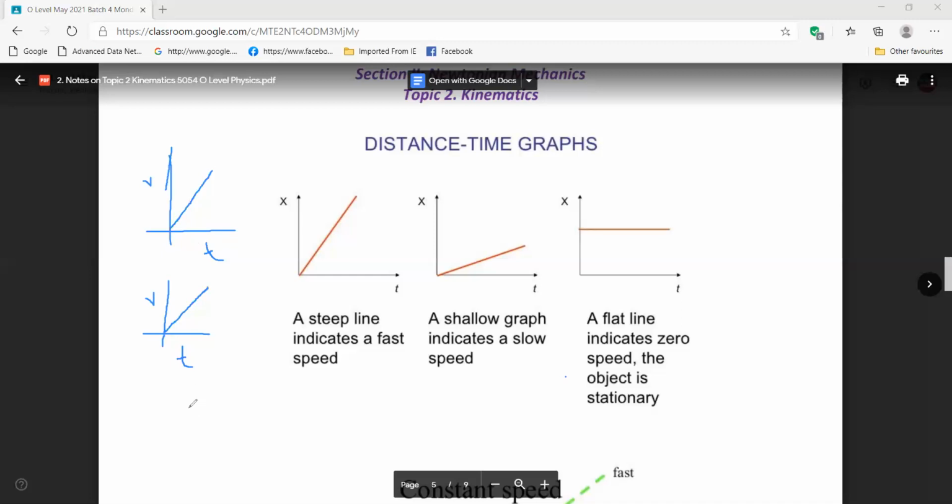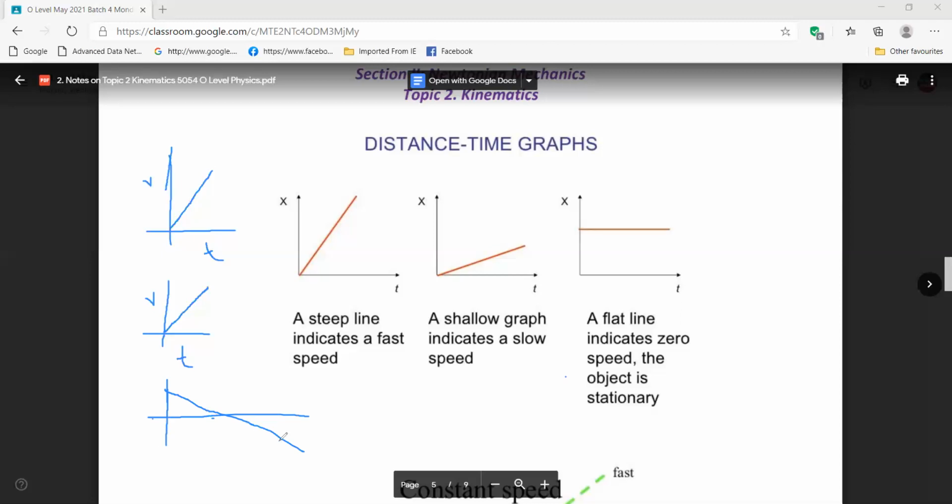But if one object is thrown upwards and it's returning back, that time your velocity-time graph is like that. Here is minus, right?